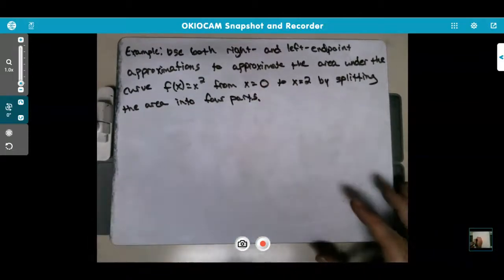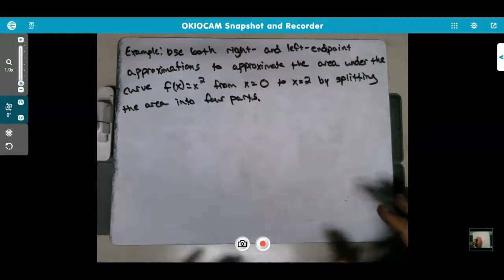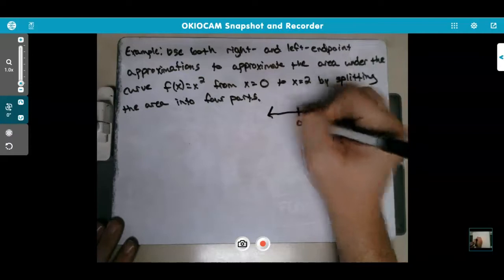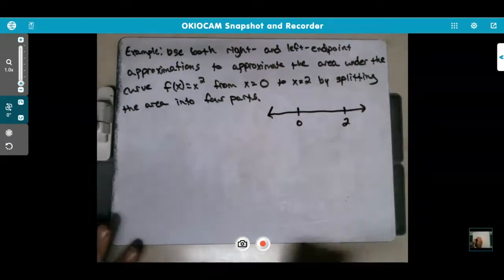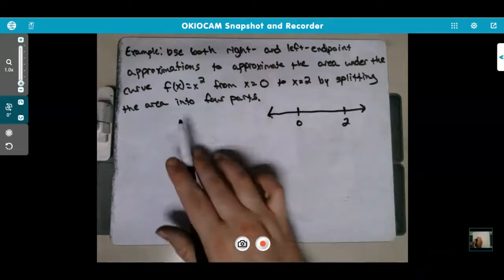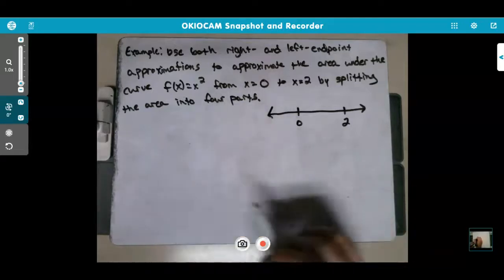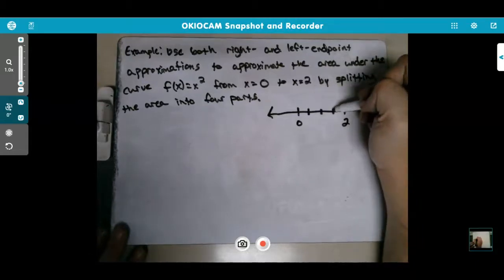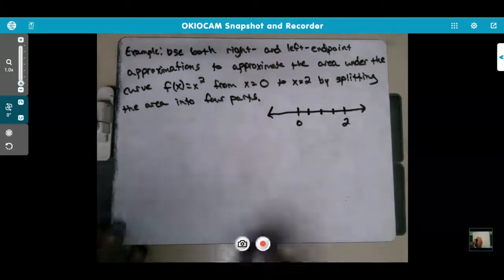All right, so I'm going from 0 to 2. So on the number line, I'm starting at 0 and I'm ending at 2. I don't care about anything else, okay? Now I'm splitting this into 4 parts, just like that, 1, 2, 3, 4 parts.